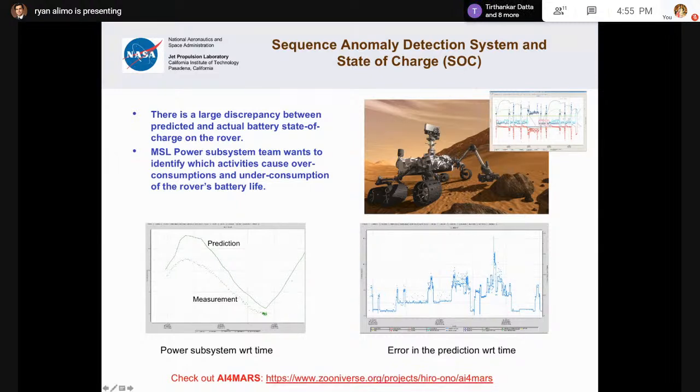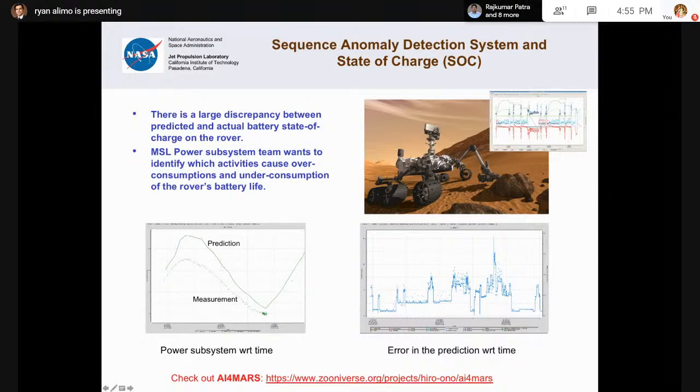By the way, if you are excited about this project and want to help, there is a new initiative called AI for Mars that talks about this problem, and you can in fact help NASA and us to label the data sets.